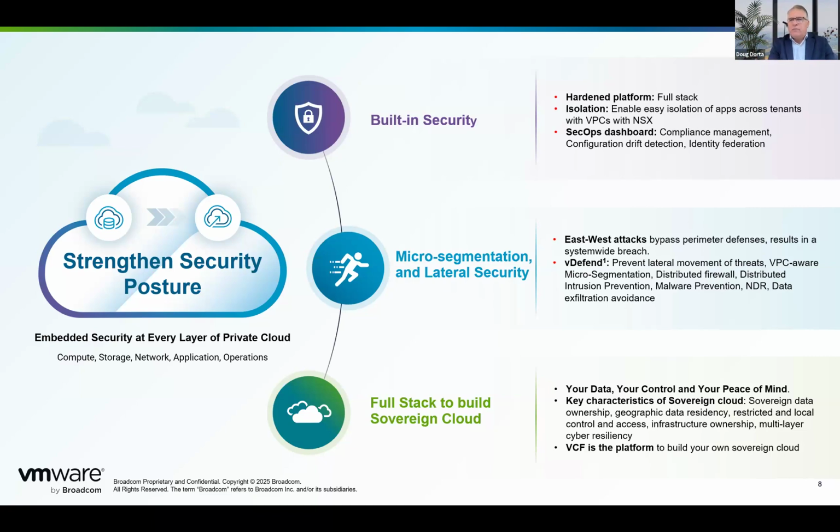The second item here, the microsegmentation, has to do with vDefend, which is an add-on to VCF, but it's basically our firewall offering, and it's the east-west maintenance. We do the microsegmentation, we have the distributed firewall, we have ATP built in, intrusion detection, and so forth.